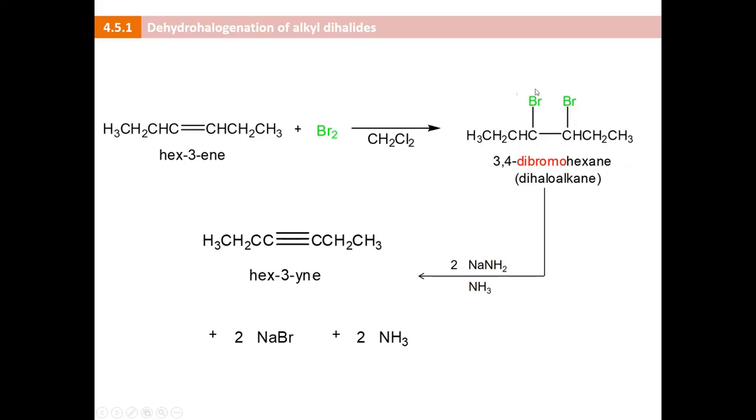And after that, this alkyl halide will react with sodium amide in the presence of ammonia to produce back an alkyne. This is the byproduct of the reaction.